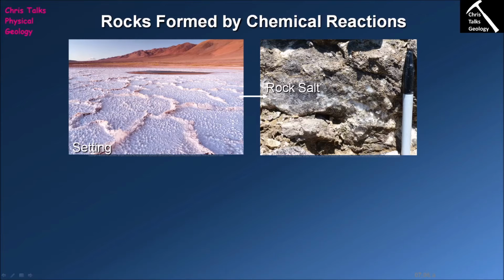This is a class of rock which we refer to as evaporites, because evaporation is the primary control. The rock being produced in this instance is something which we refer to as rock salt. If we look at this picture here, you can see the rock salt as these white spots. These are going to be crystals of the mineral halite.